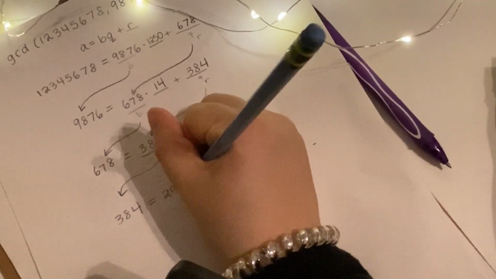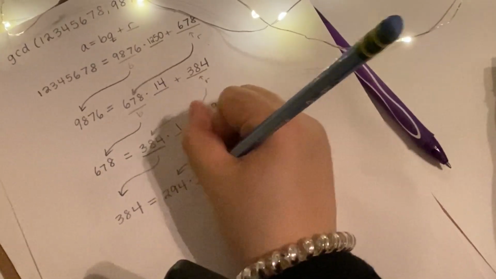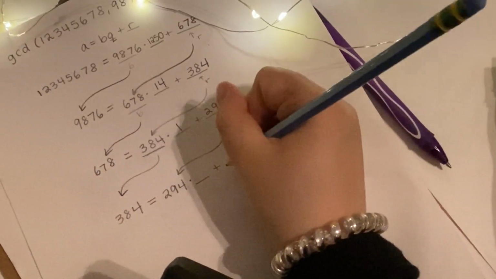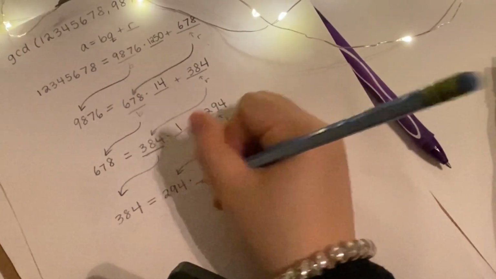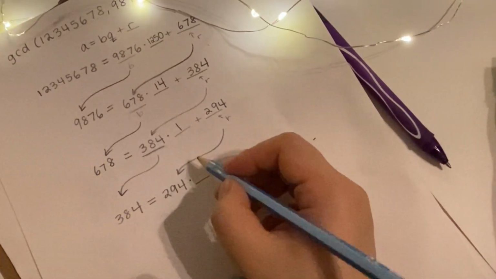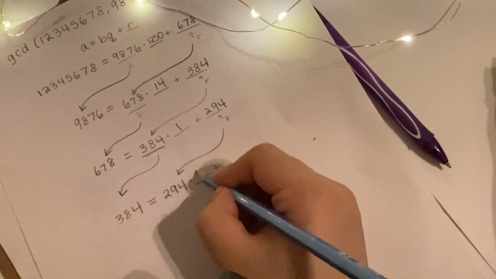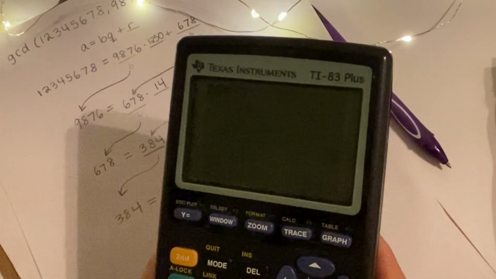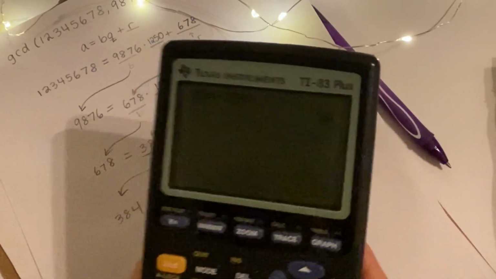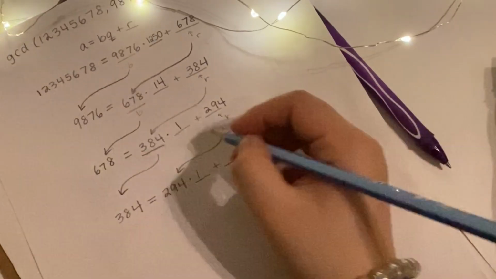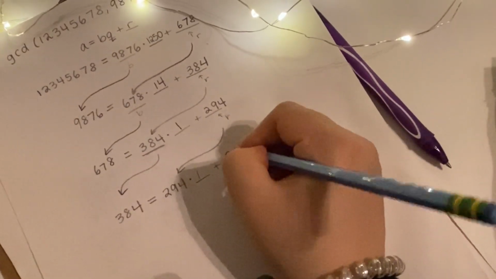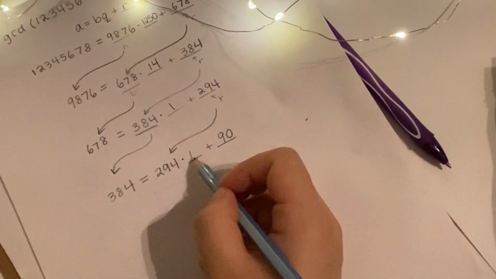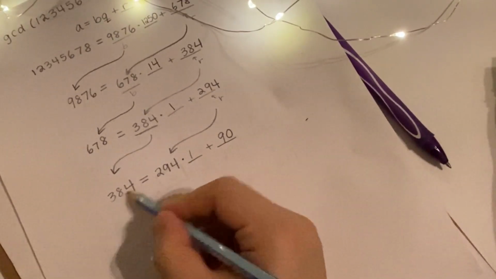One more. And then 384 minus 294 is 90. And at any point, if you can recognize the GCD, you can just stop.